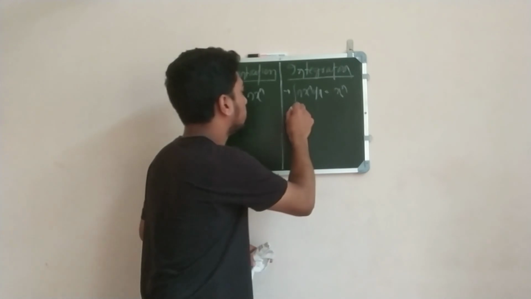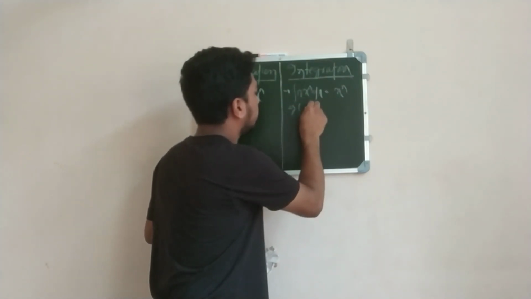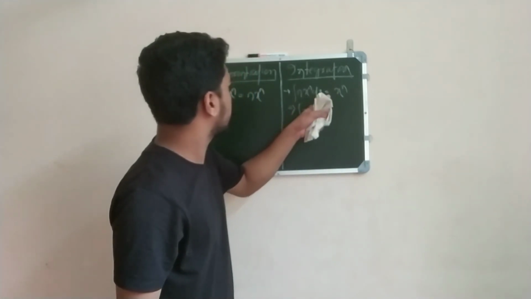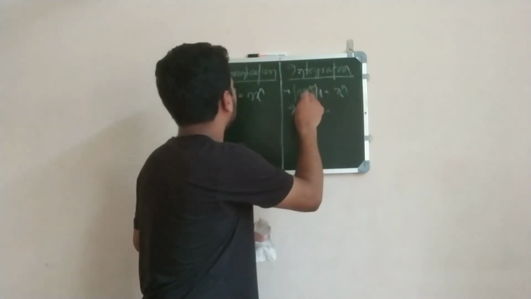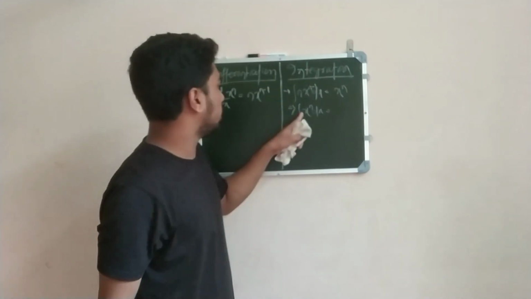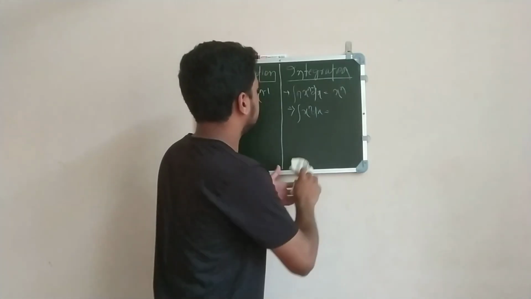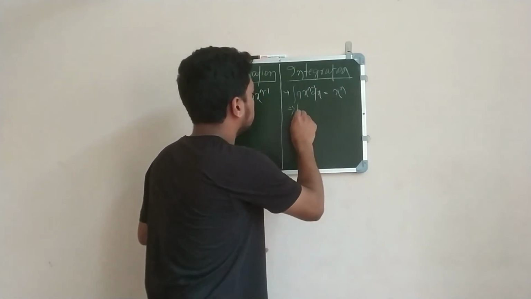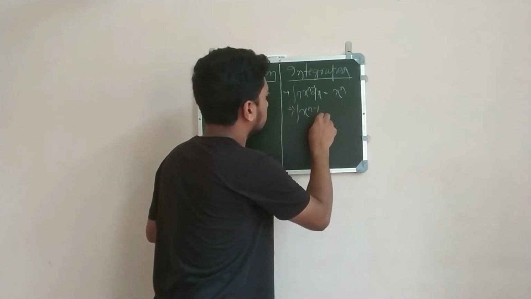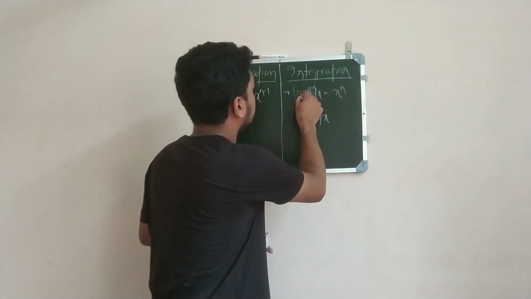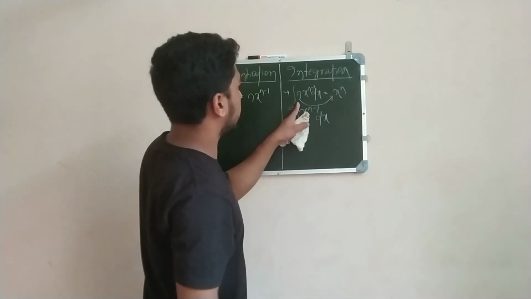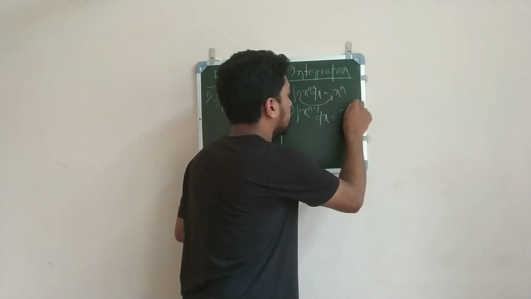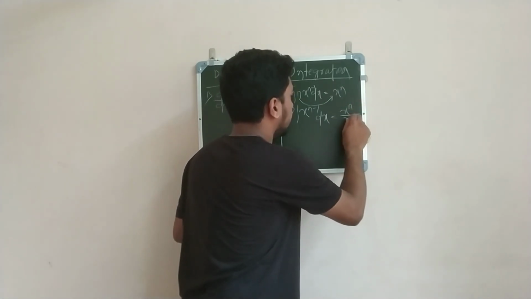I can also write this as the integration of x to the power n minus 1 dx, putting the n on the right side, which will be x to the power n divided by n.